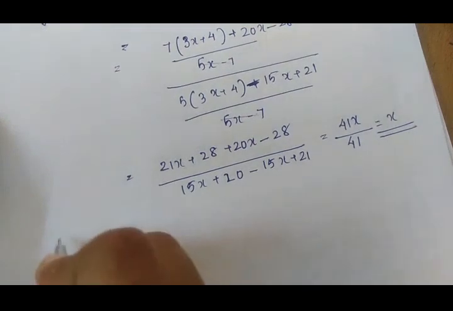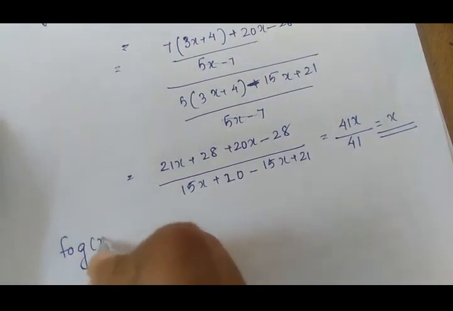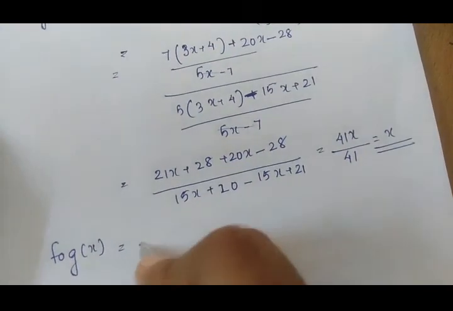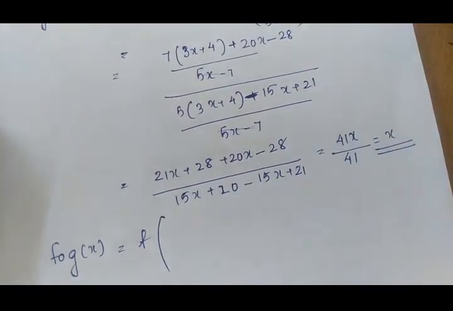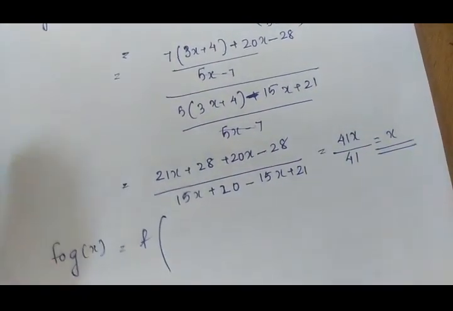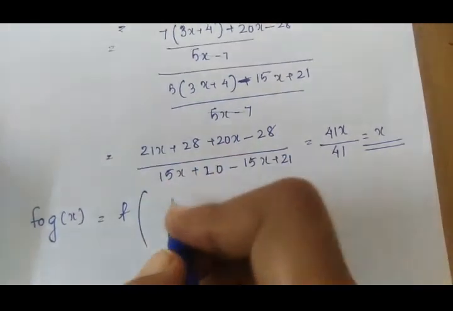Okay, then the composition f of g of x is equal to (7x plus 3) divided by (5x minus 3).